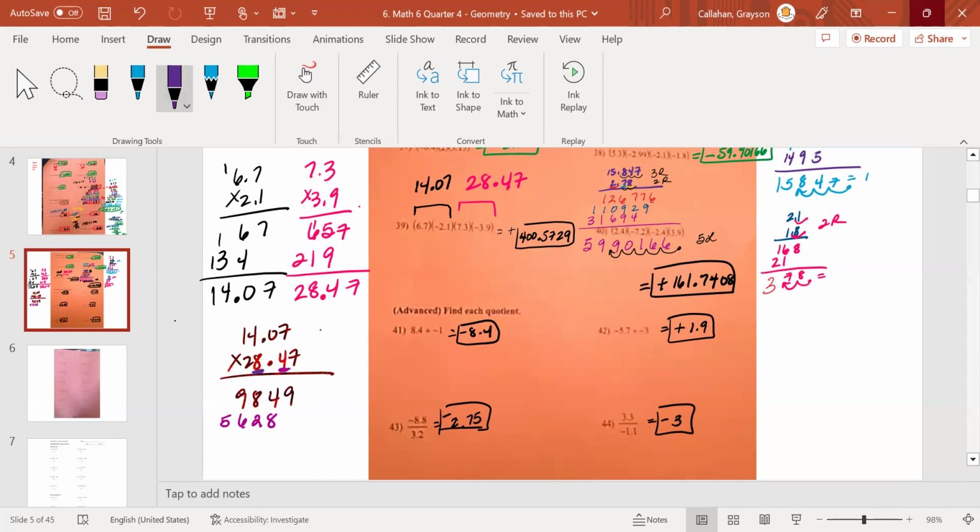Then 8. That's going to give you 65211. Okay. The last one you're going to have is a 4182.